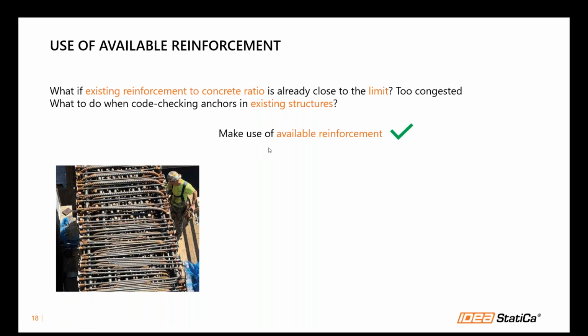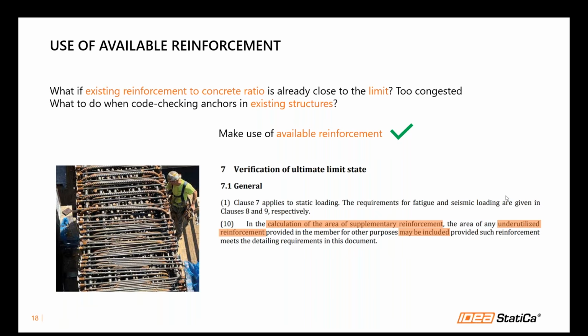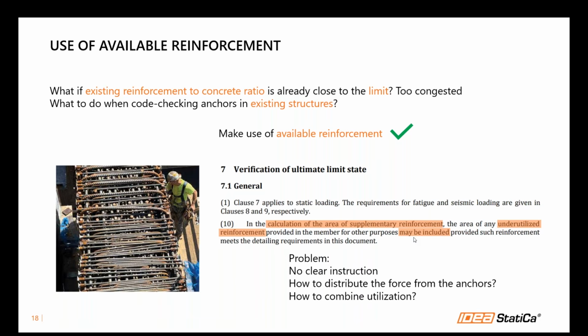Of course, the answer would be you have to use available reinforcement in this case. But luckily, the code, for example Eurocode, which I show here, allows us to utilize available reinforcement which is underutilized to be included as supplementary reinforcement. But of course, the problem is the same as the previous slide: there's no clear instruction on how to do that and how to figure out the distribution of the forces itself.